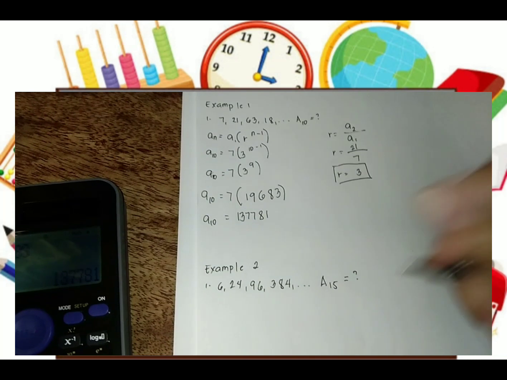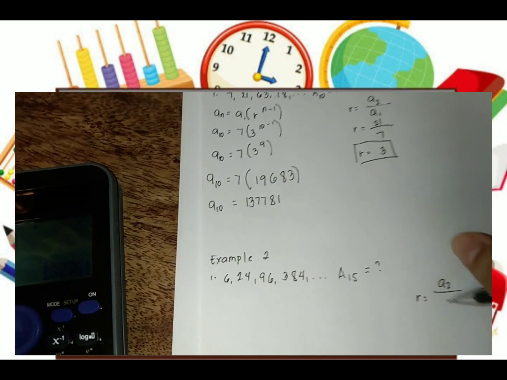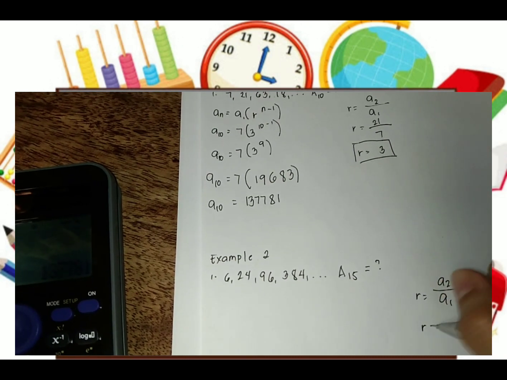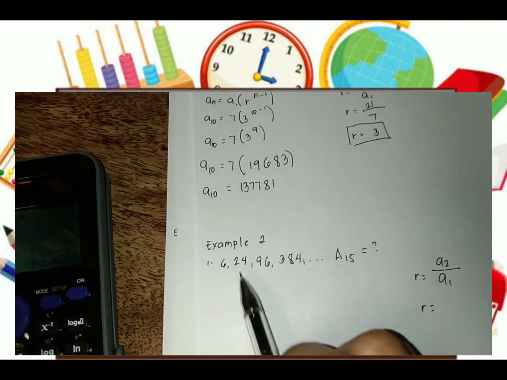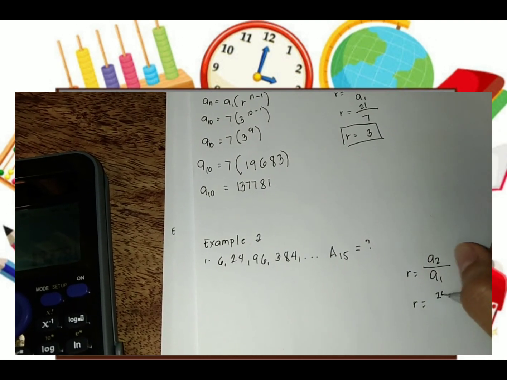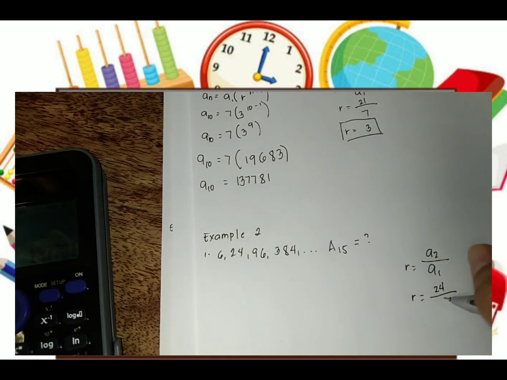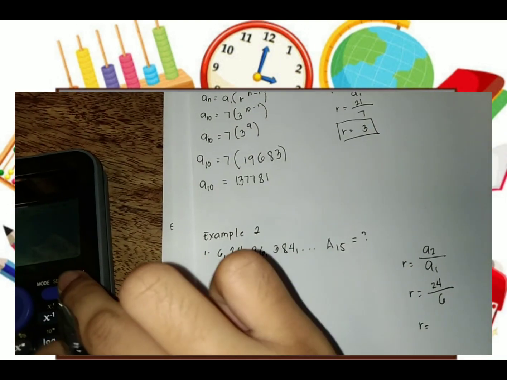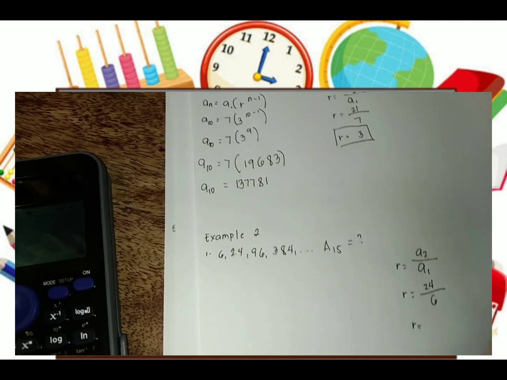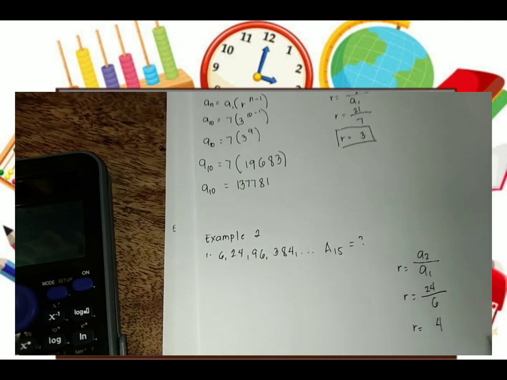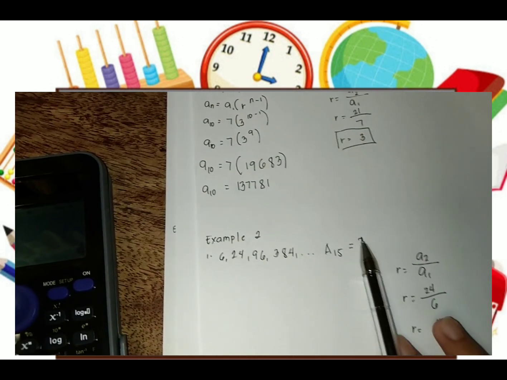The ratio is a sub 2 divided by a sub 1. Again, our a sub 2, or our second term, is 24, divided by our first term, which is 6. So 24 divided by 6 is equal to 4. This is our ratio in example number 2.